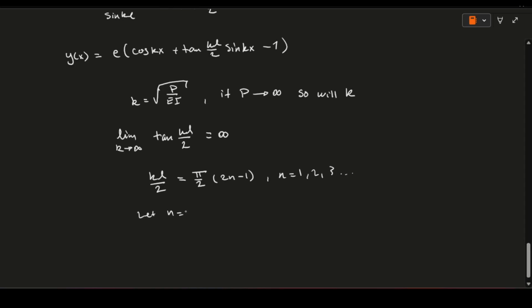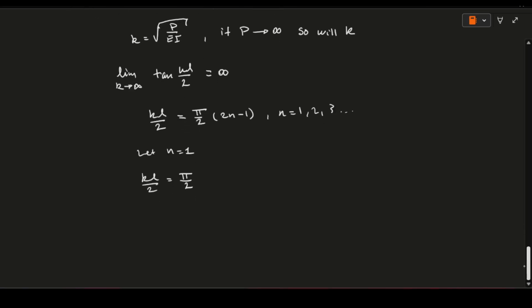So let n equal 1, and then kl over 2 equals pi over 2, or kl equals pi. And this we know is the critical load, pi squared EI over L squared.